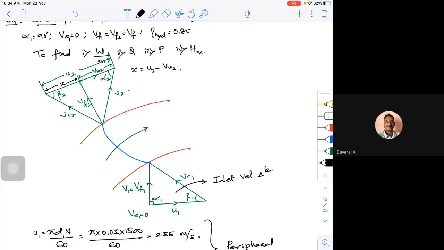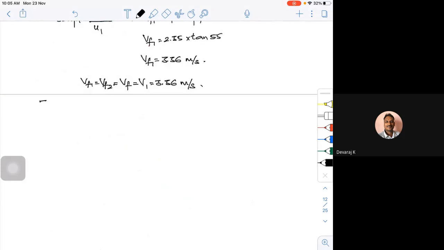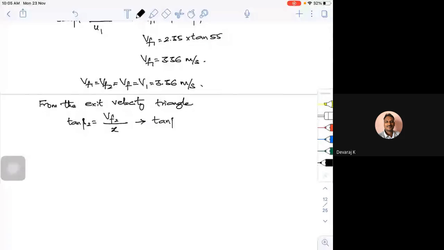So let me write that and calculate it. From the outlet or exit velocity triangle, tan beta 2 is equal to Vf2 divided by x, that is tan beta 2 is equal to Vf2 divided by U2 minus Vw2.